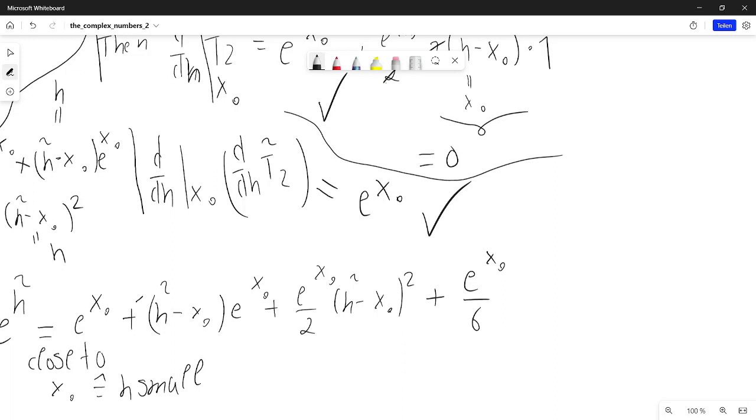Well, here we have divided by 1. Here we have divided by 1 multiplied by 2. Here we have divided by 1 multiplied by 2 multiplied by 3.